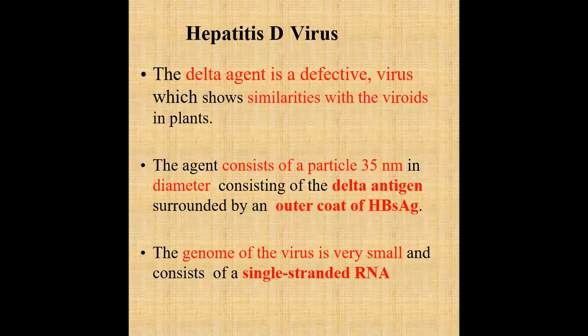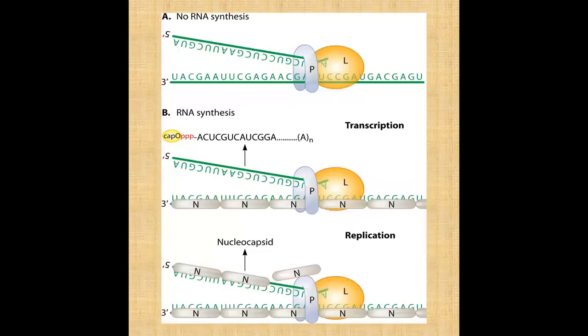It consists of the delta antigen, or we can say the D virus antigen, which is surrounded by a coat of the hepatitis B surface antigen. Means the delta virus, or hepatitis D, is covered or coated by hepatitis B surface antigens. The genome of the virus is very small and consists of single strand RNA.